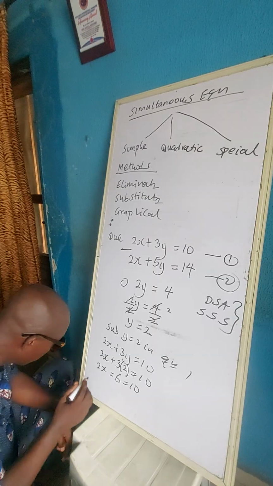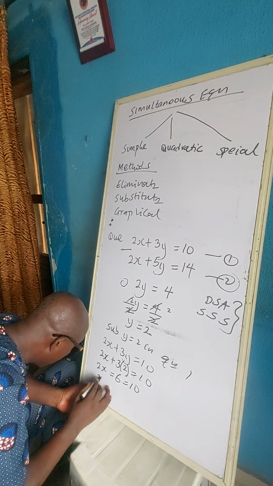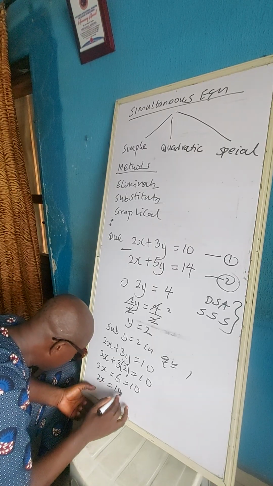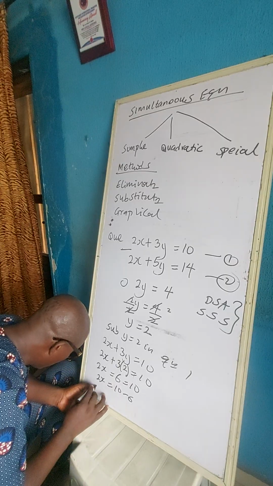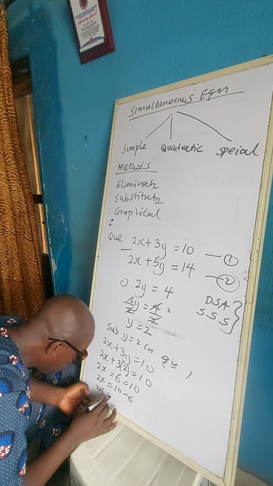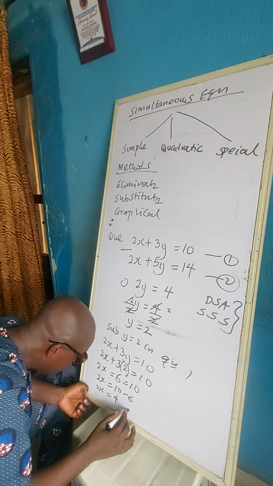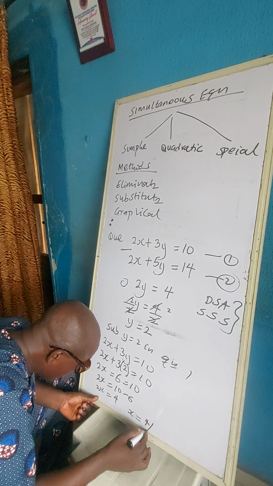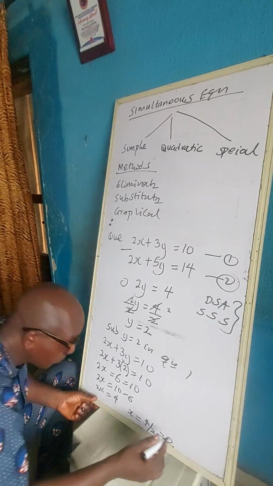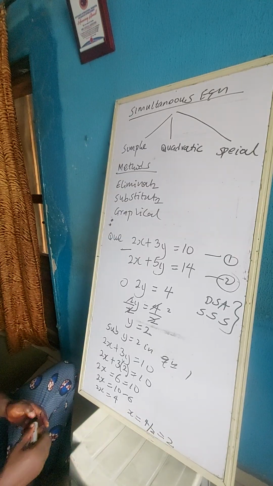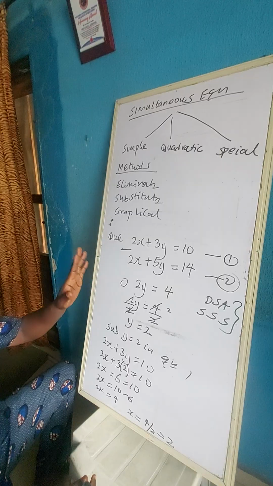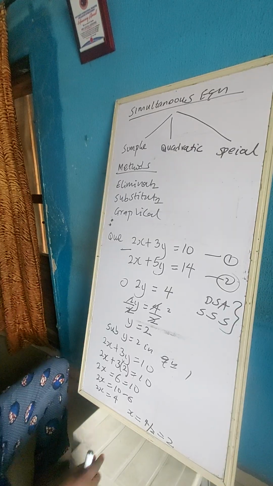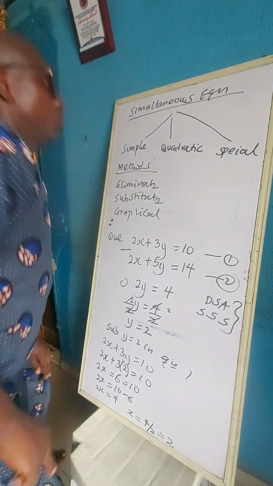Make x the subject of the formula: 2x equal to 10 minus 6. 2x equal to 4. That means x equal to 4 divided by 2 equal to 2. That's the answer of that one. That means x equal to 2, y equal to 2.